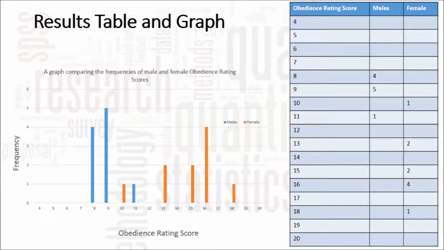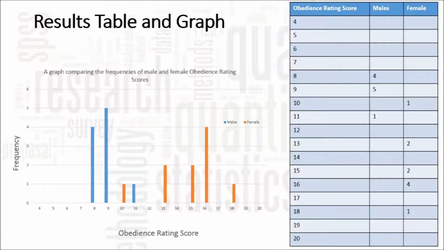Okay, for our data related to the perceived obedience questionnaire, what I've actually done is I've put the data into a graph, and as you can see on this graph we've got the frequency and the obedience rating.